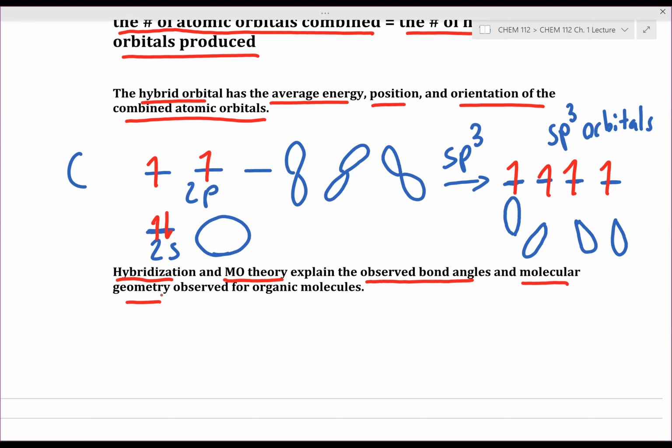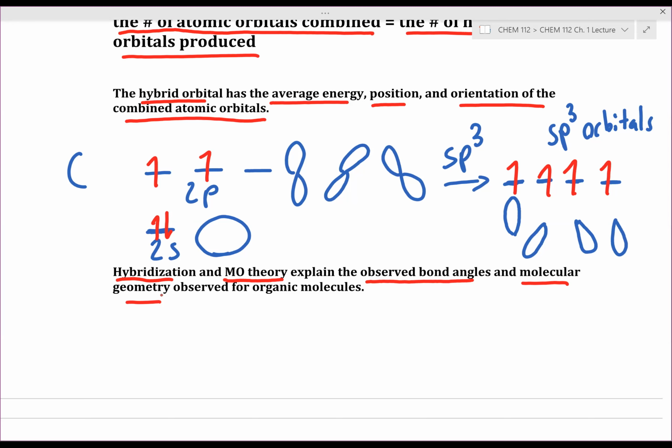They are pointing in certain directions. They're arranged in certain regions of space, right? And that in turn affects what direction the bonds are arranged in space, right? Because how do we form a bond? What are we doing? We're taking orbitals and we're overlapping them. So they overlap in the 3D region of space where the orbitals are present. Okay. So this is really powerful stuff when you think about it.